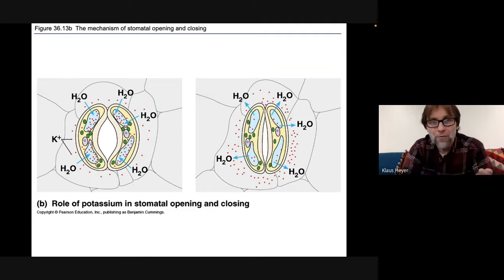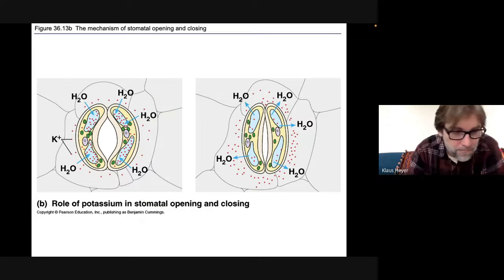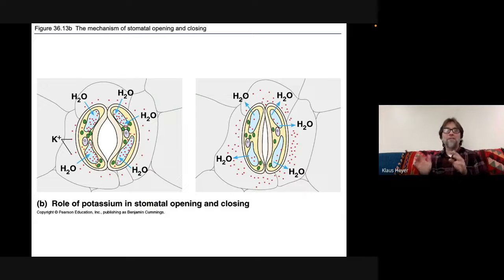There's 3 minerals that are very important for plants. There's lots of minerals that are important for plants, and they are similar to the minerals that we need. Just that they need different amounts. Like we might need a lot of zinc, but plants don't.